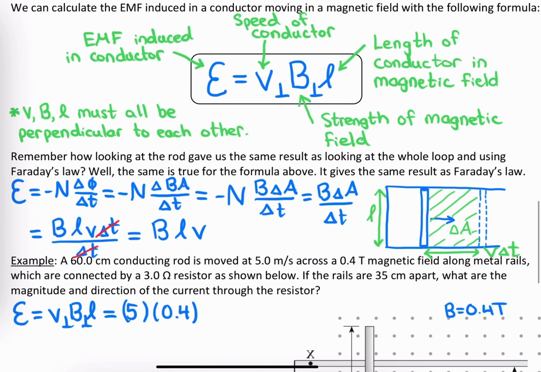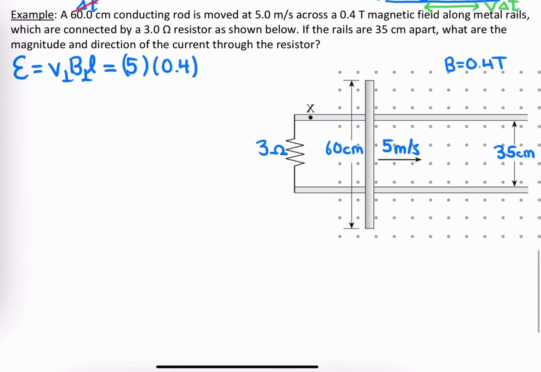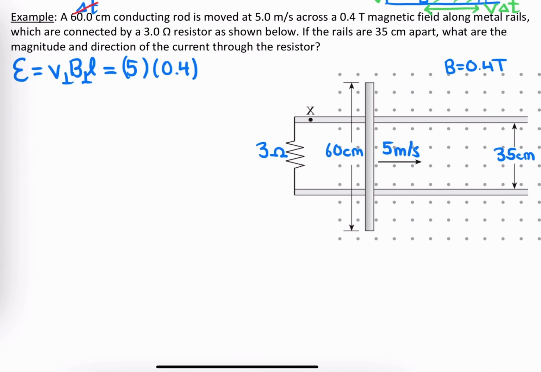Well, L is the length of the conductor that's in the magnetic field. Well, I would say this whole conductor is in the magnetic field from there to there. It's all in the magnetic field. So I'm tempted to write that 60. But we're actually going to show both numbers. We're going to calculate it both ways, and I'll explain why in a moment.